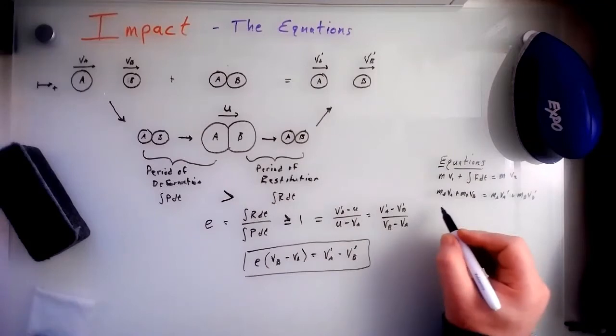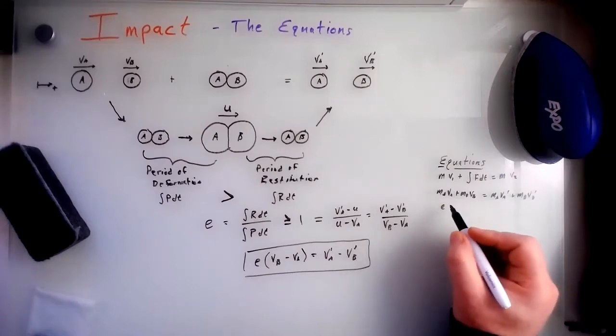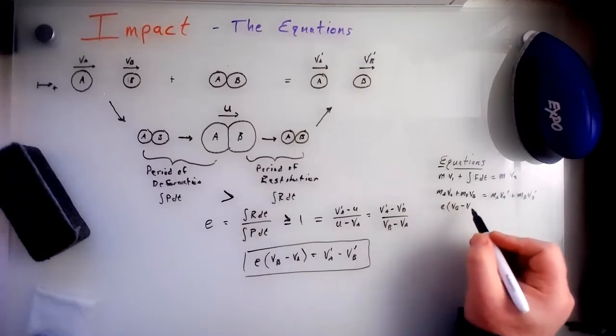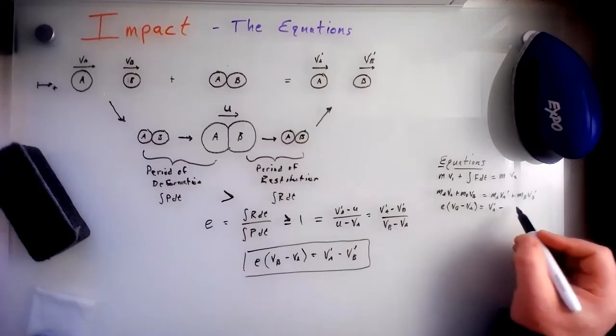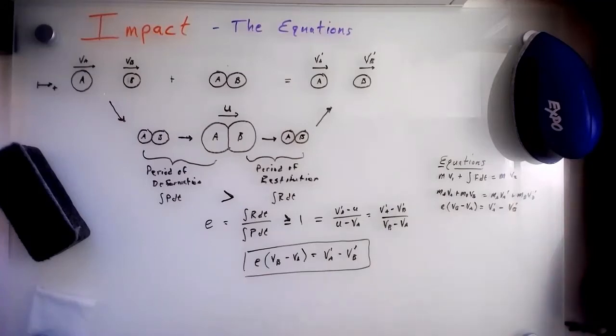Let's add this over here. We'll say E times (VB minus VA) equals V prime A minus V prime B. Something to notice is that here we have B, A, then A, B as our subscripts.